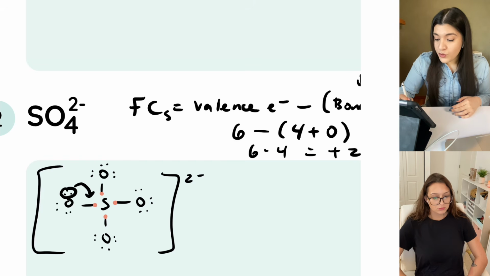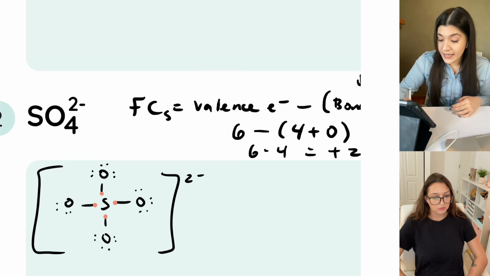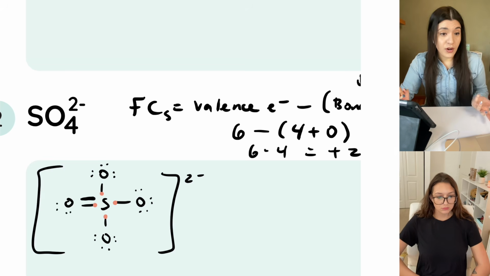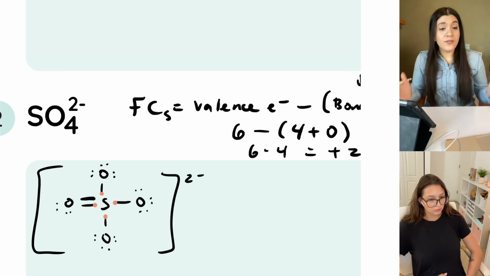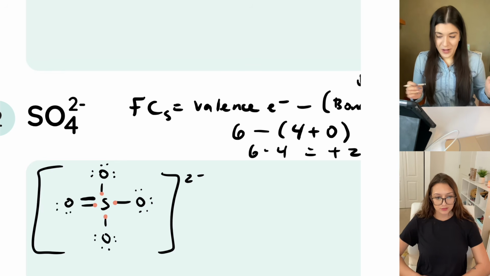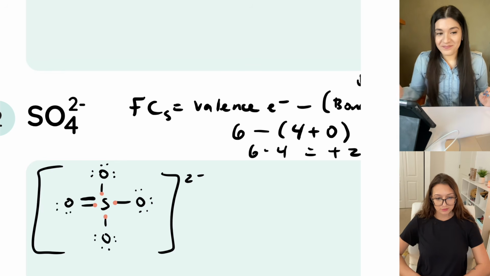I know that sulfur is part of that expanded octet exception, so it can have more than 8 valence electrons on it. So this is fine so far. Does this make sense so far? Yes. Okay. Stop me at any time.